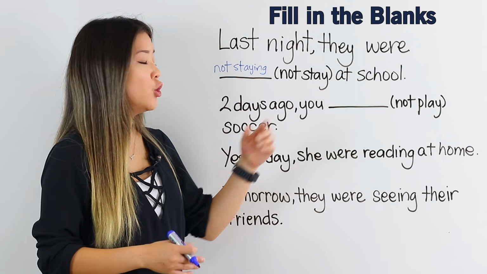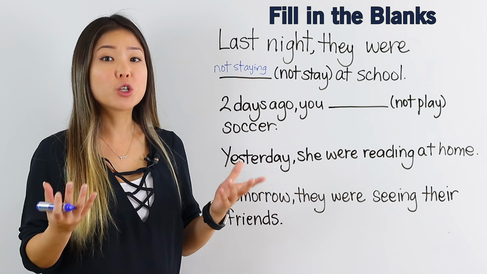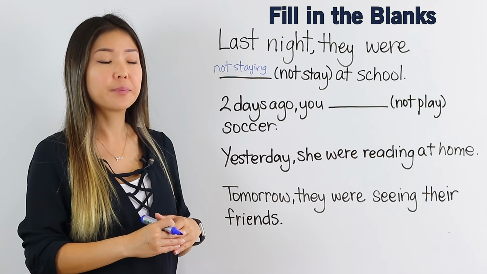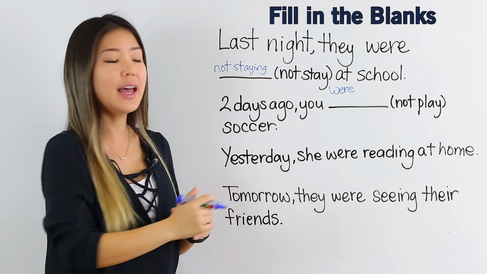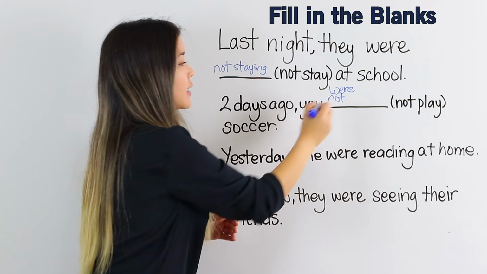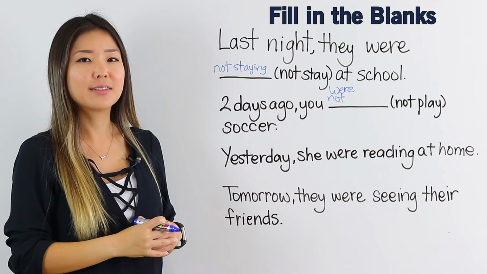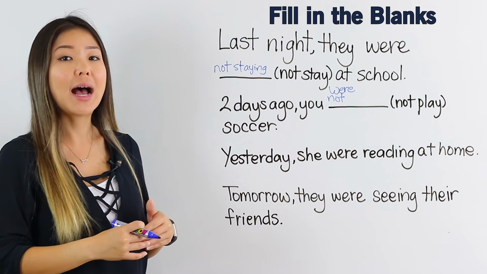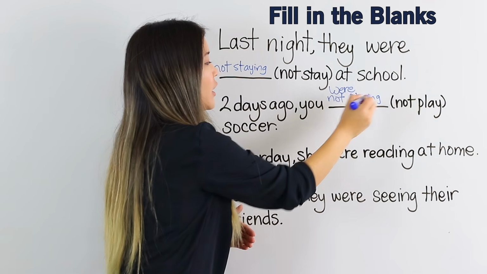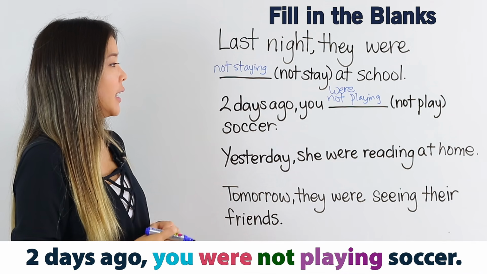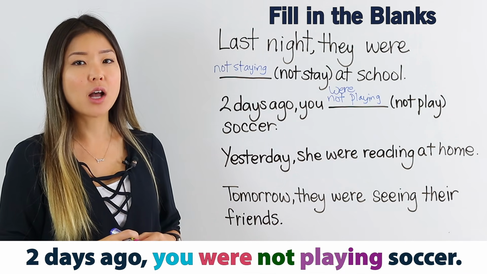If the subject is you, can you think of which be verb needs to be put in there? The correct answer is were. And then we say not. What happens after that? Remember, verb ing. So, you were not playing. 2 days ago, you were not playing soccer.